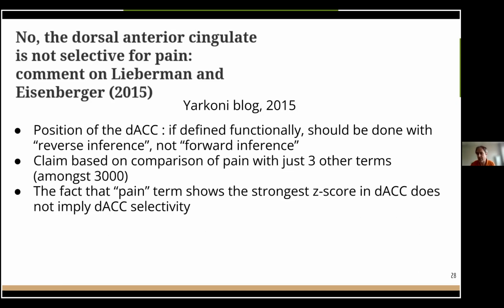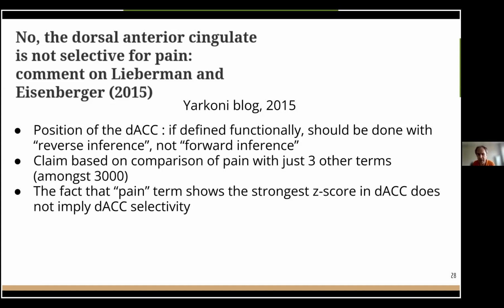First of all, there are problems with the position of the dACC, where it is exactly and how it's defined. Is it defined functionally? And if it's defined functionally, it should be defined with a reverse inference perspective. And also the original authors of that claim were looking at just the comparison of pain with three other categories, amongst many more.